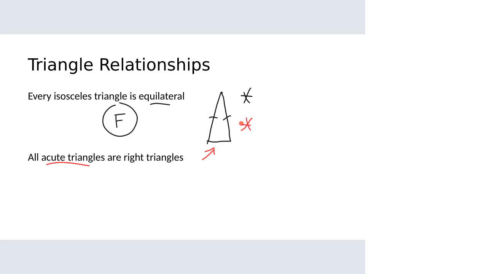This counterexample works for both of these, and I can say false because I found a counterexample. Is it possible to have a right triangle that is acute? Well, no, because acute means all the angles are less than 90, so you can't have that in there and be an acute triangle. So that's another way to convince yourself this is false. But honestly, this picture actually gets the job done as a counterexample.